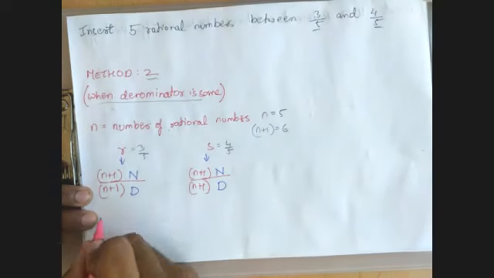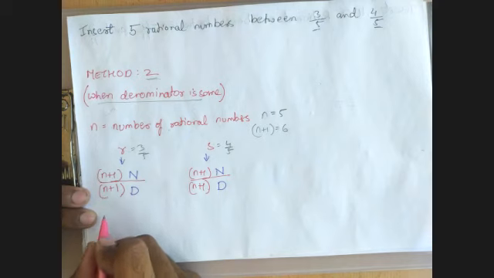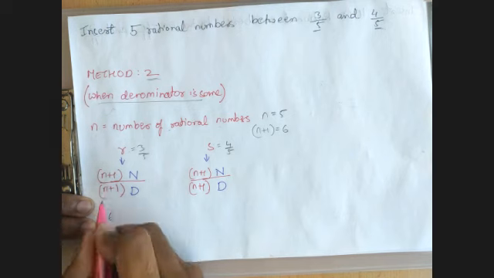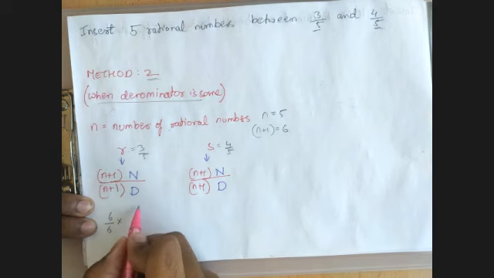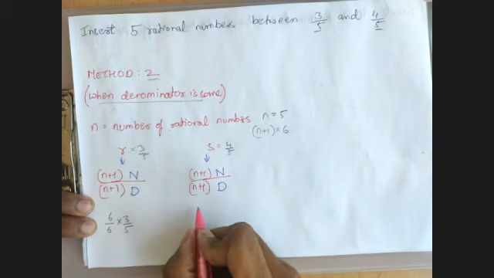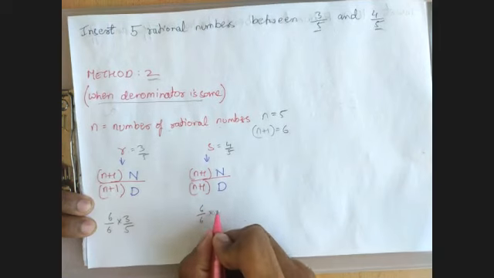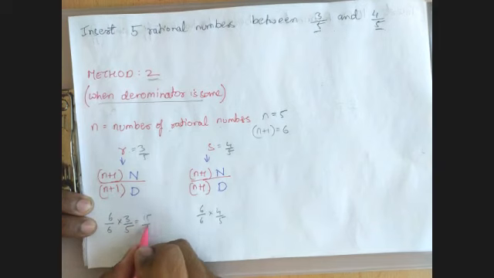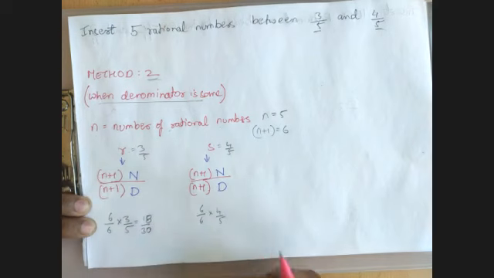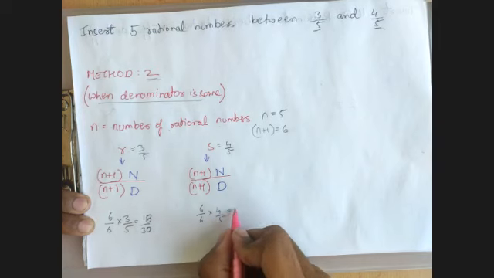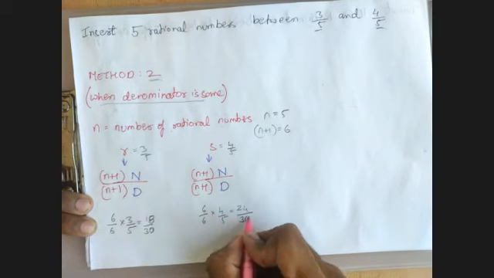So we multiply 6 by 6 into 3 by 5. The same thing with S: 6 by 6 into 4 by 5. So what do we get? 6 3s are 18, 6 5s are 30. Here it is 6 4s are 24 by 6 5s are 30.